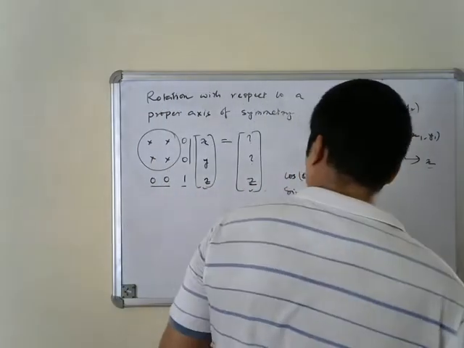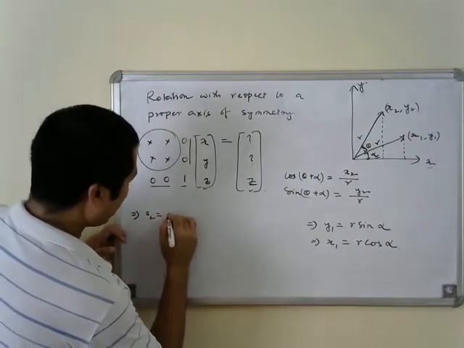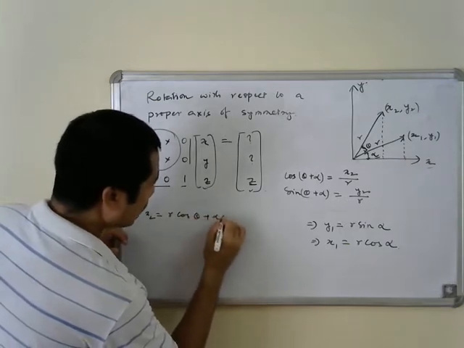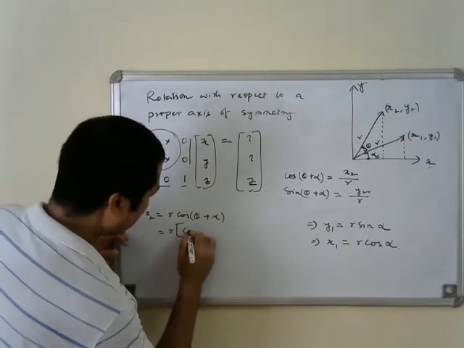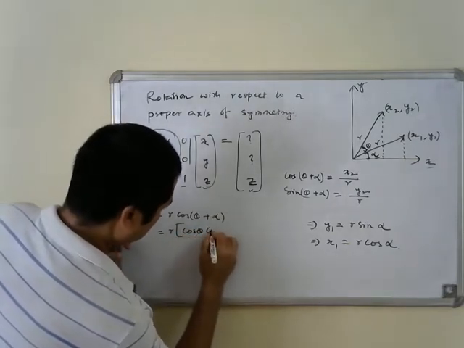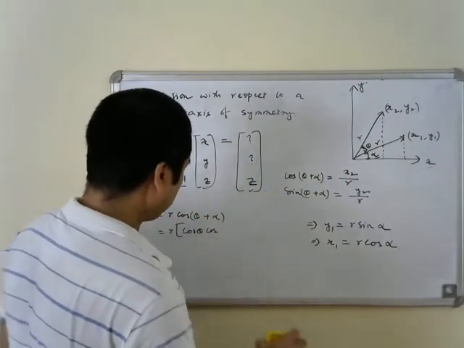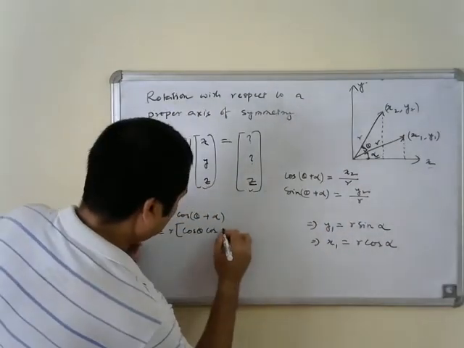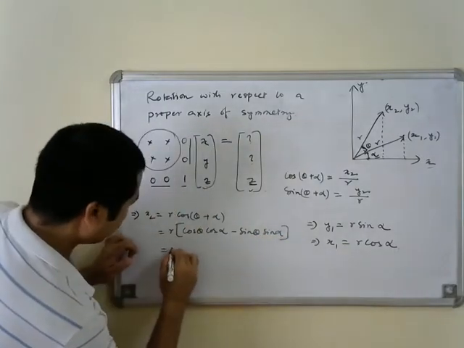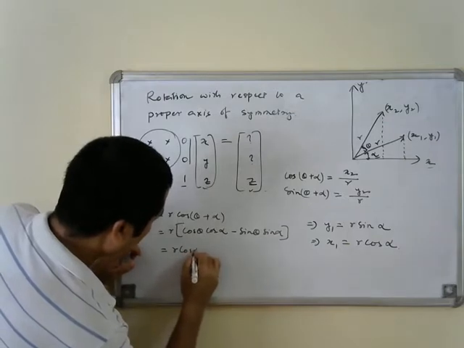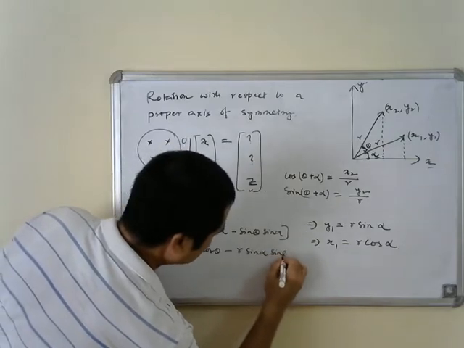So from here, x2 is equal to r cos of theta plus alpha. If we expand, we get cos theta cos alpha minus sin theta sin alpha. So this is going to be r cos alpha cos theta minus r sin alpha sin theta.